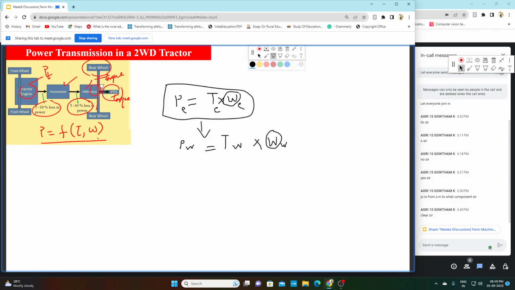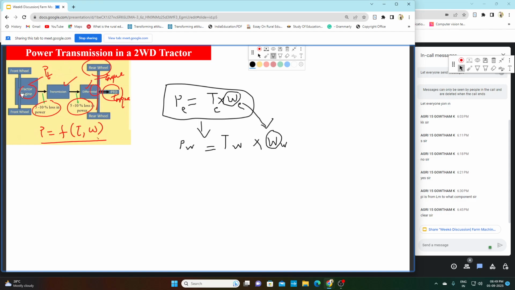The differential component also helps in transmission, because it has a gear ratio. By that gear ratio, the differential will also decrease the angular speed from engine speed to wheel speed. So the differential also serves the purpose of reduction of angular speed.